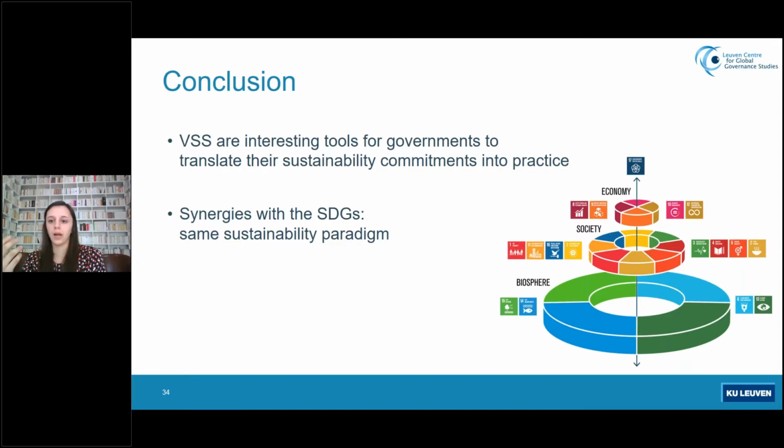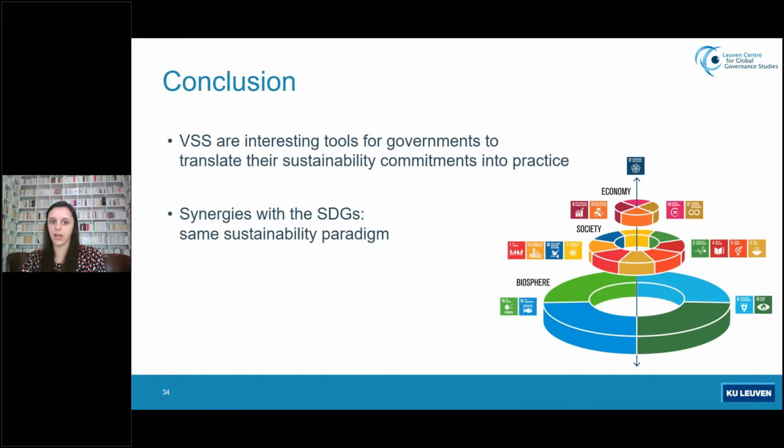For example, VSS that focus on social issues, such as improved working conditions, totally contribute to SDG 8 on decent work and economic growth. And other VSS in the forestry sector, for example the FSC, aim at slowing down deforestation and at protecting wildlife habitat.